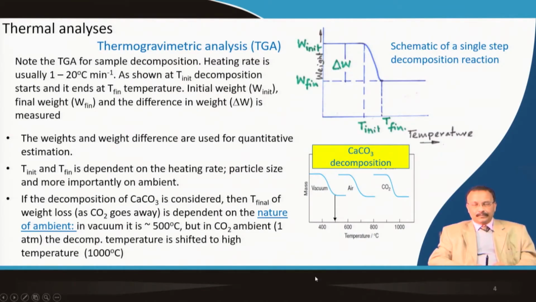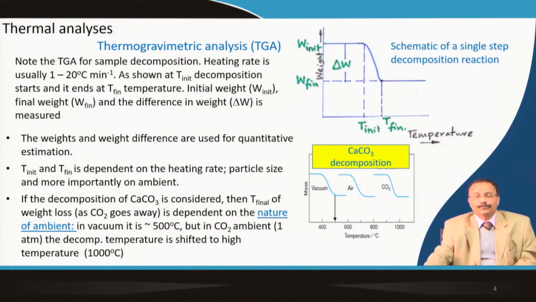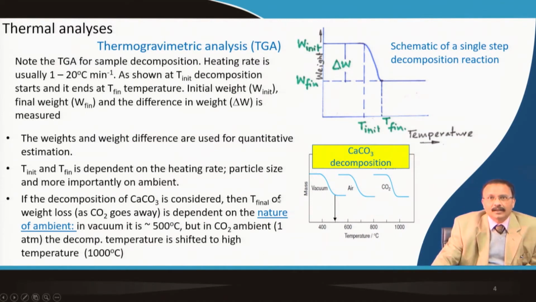So, in a typical thermogravimetric analysis where a decomposition reaction is taking place, the samples are heated at a constant rate. Typically 1 to 20 degrees Celsius per minute is used. If you look at this figure, you can see the temperature of initiation of a decomposition reaction, T init, and it ends at a temperature which is marked as T fin.